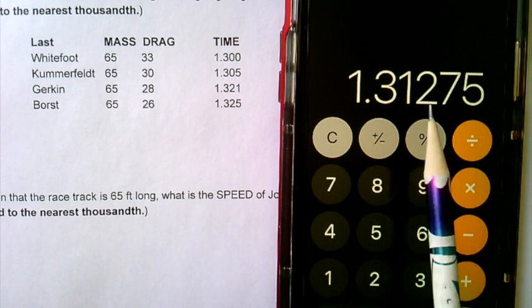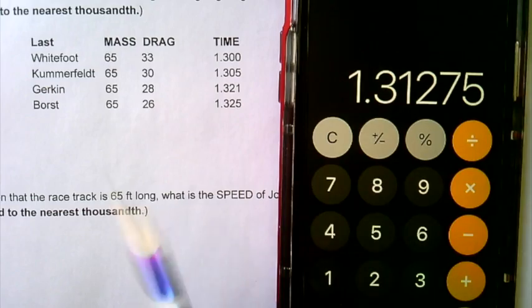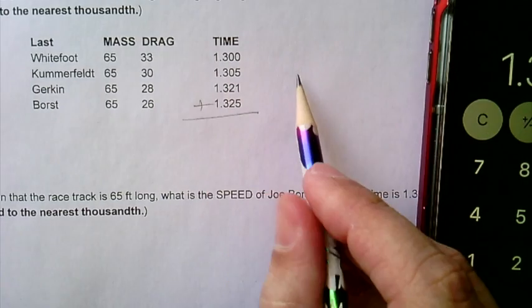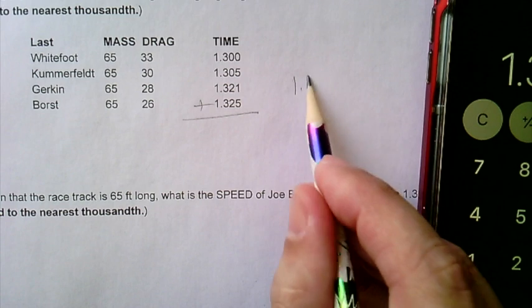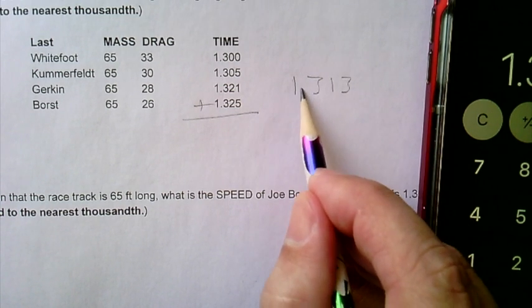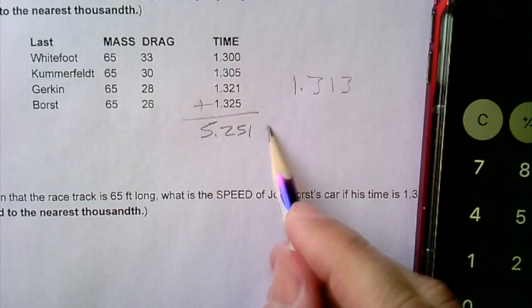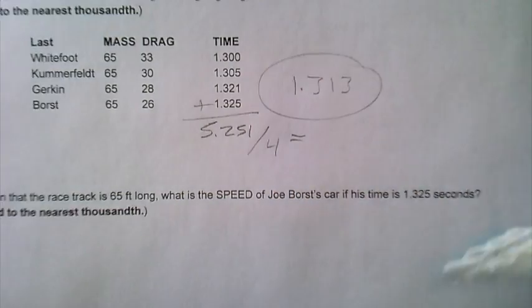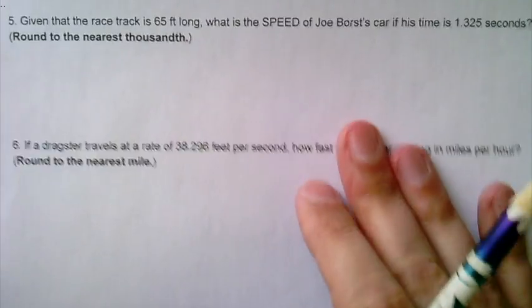And we're rounding to the nearest thousandth. This is 5 or greater, so we added all these up, and the answer should be 1.313, and we divide by 4 equals, okay.